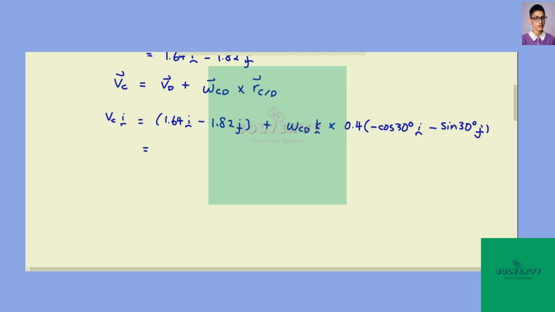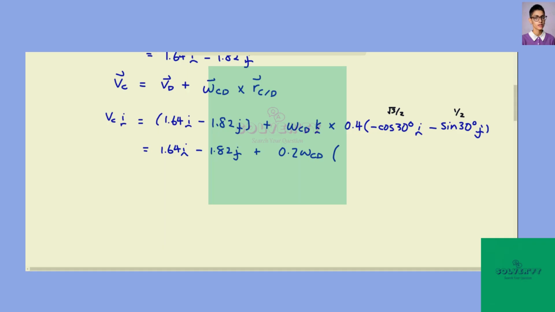So this is equal to 1.64i minus 1.82j plus 0.2 omega CD. Okay, so recall that cosine 30 degrees is root 3/2, sine 30 degrees is half. So the half multiplied with the 0.4 gives 0.2, and omega CD comes from the omega CD vector, and then do the cross product.